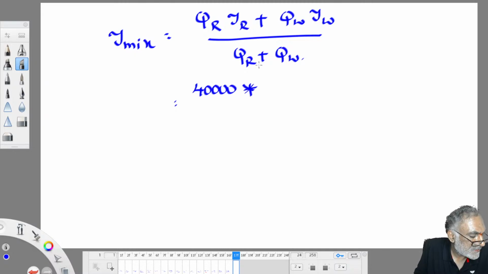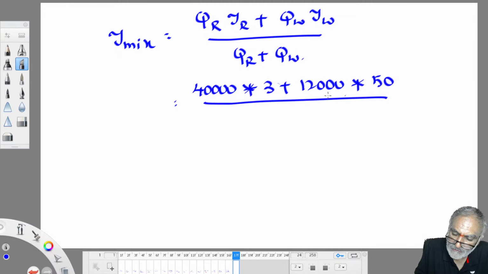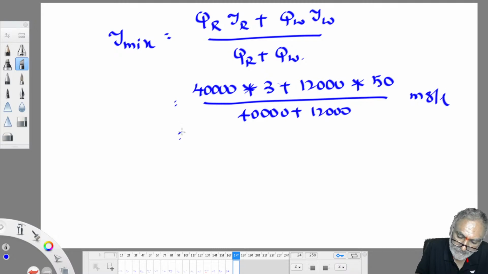Y river, the BOD of river water, is 3, mixed with 12,000 meter cube per day of wastewater with BOD 50. All Q's must be in the same unit system, and all Y's must be in the same unit system.